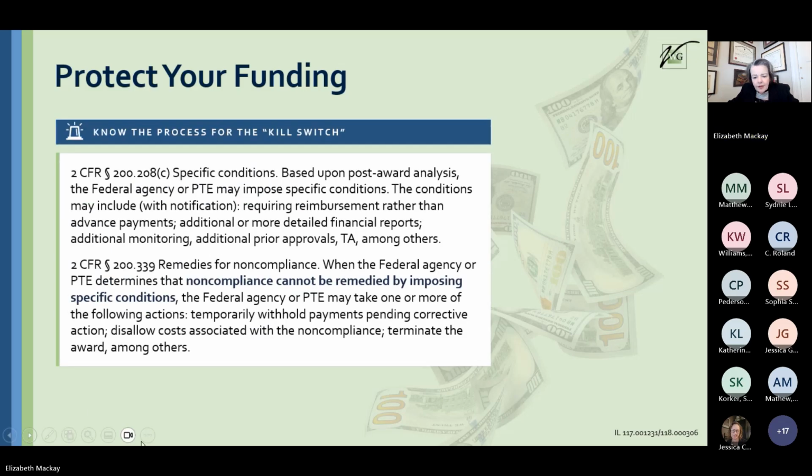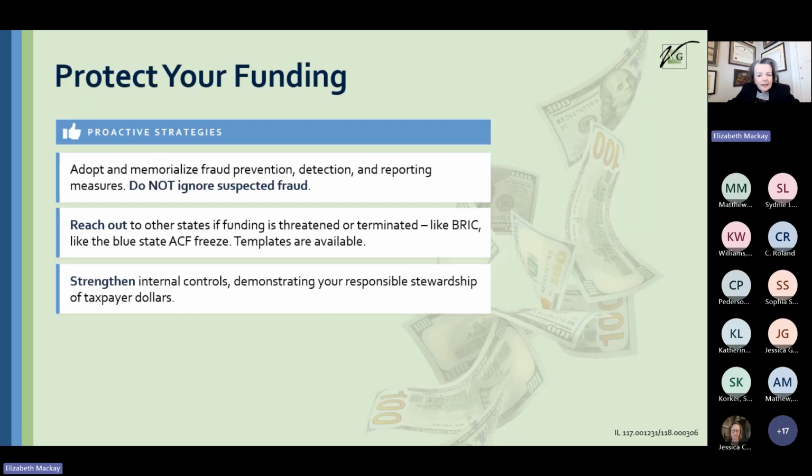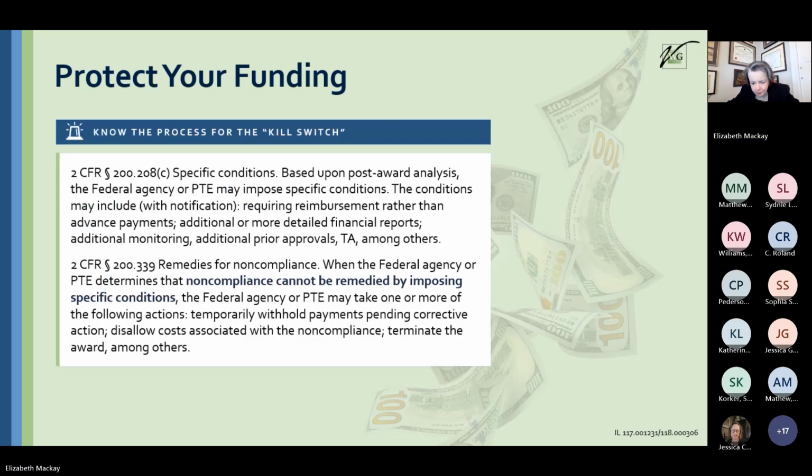Now, ironically, in Minnesota, and we've spoken before about the Feeding Our Future scandal, which was quite a saga.